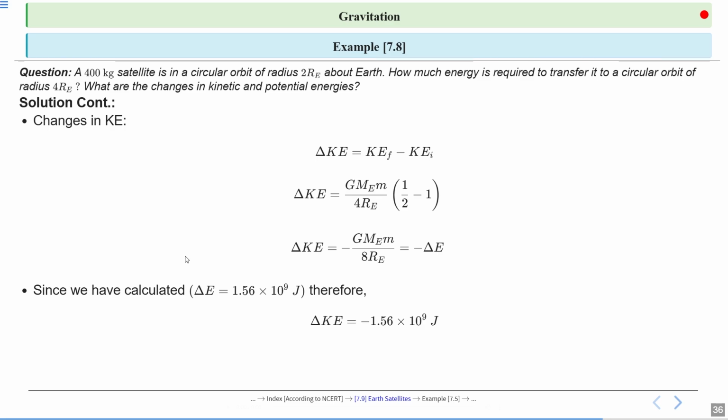Since we have already calculated ΔE equal to 1.56 × 10^9 joule, we can conclude that ΔE = ΔKE = −1.56 × 10^9 joule. This tells us that the kinetic energy decreases by this amount as the satellite moves to the higher orbit.